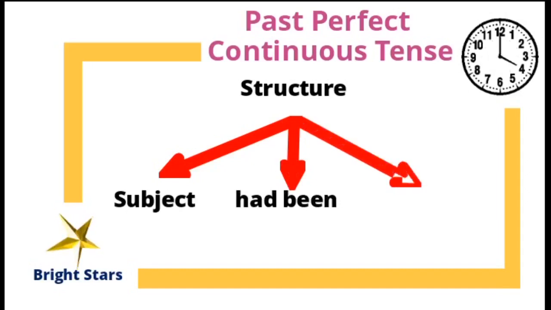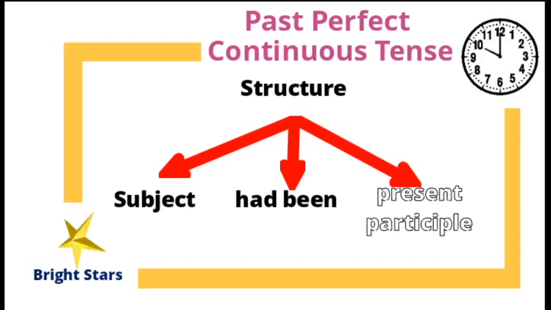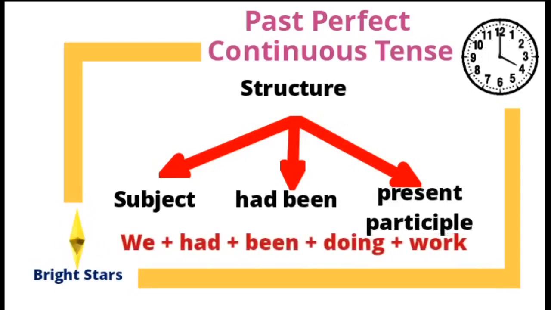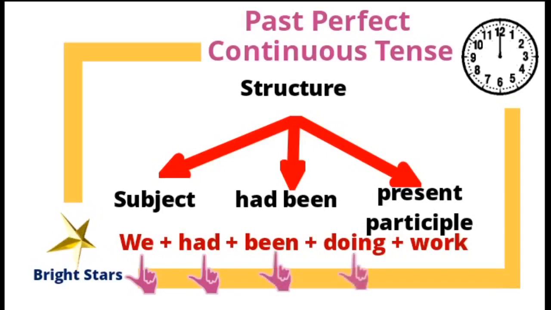Third part is the present participle, that is the ing form. One example is here: we had been doing work. Who is the subject? We. Had is the first helping verb or auxiliary verb. Been is the second helping verb. And doing is the main verb. So three parts of the verb: had been, doing.